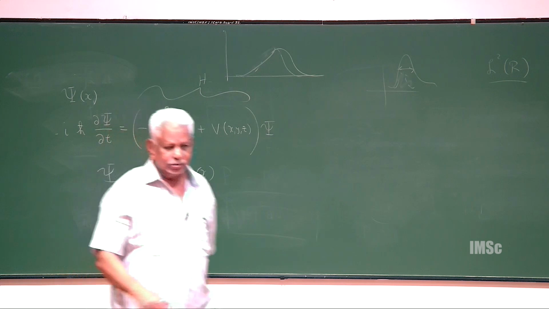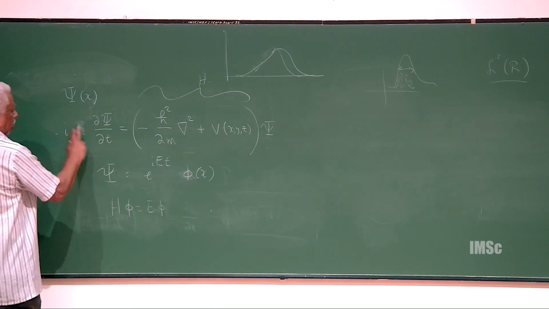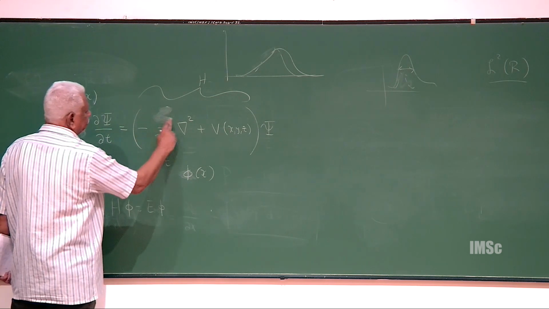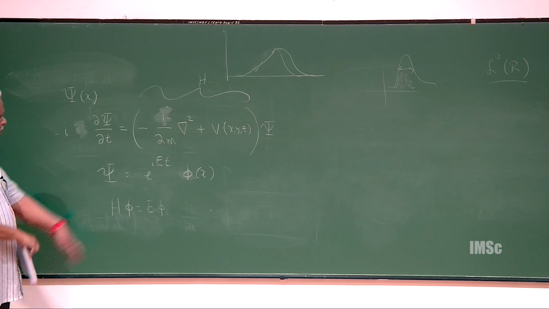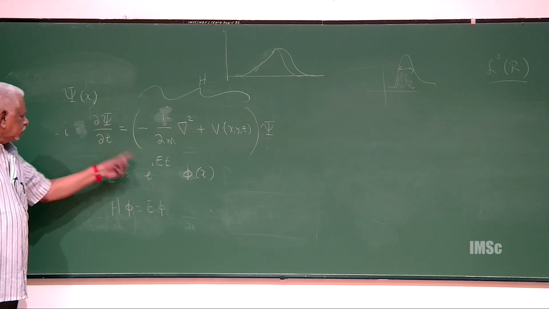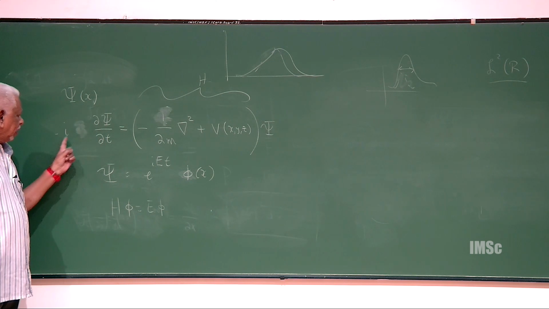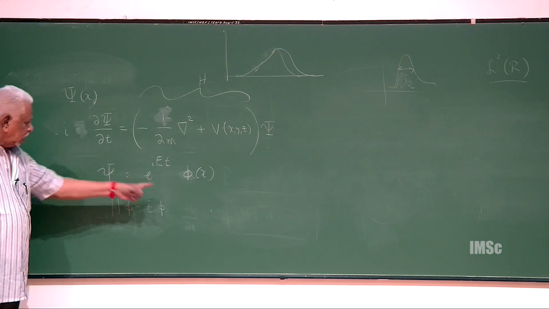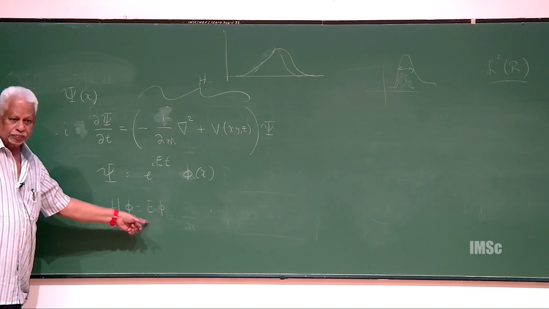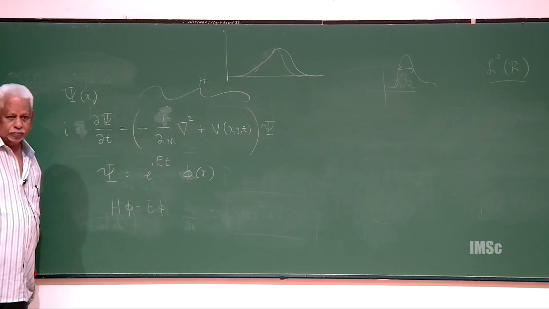If you substitute it, because I have removed this h bar here, and this is 1 here. Substitute it, you will find that this differentiation with respect to time will bring a factor of minus i E that makes it E phi here, and the right hand side is only H phi.